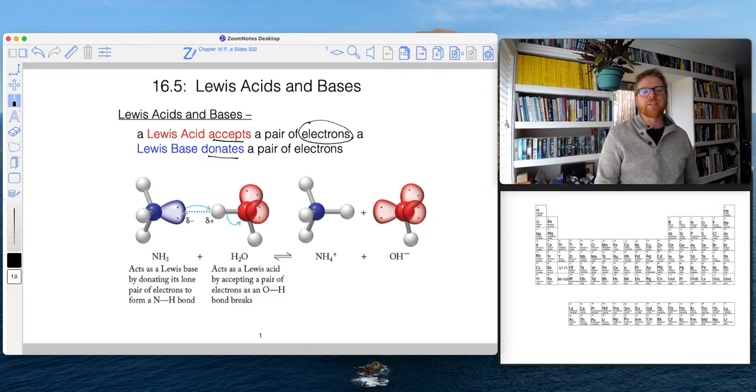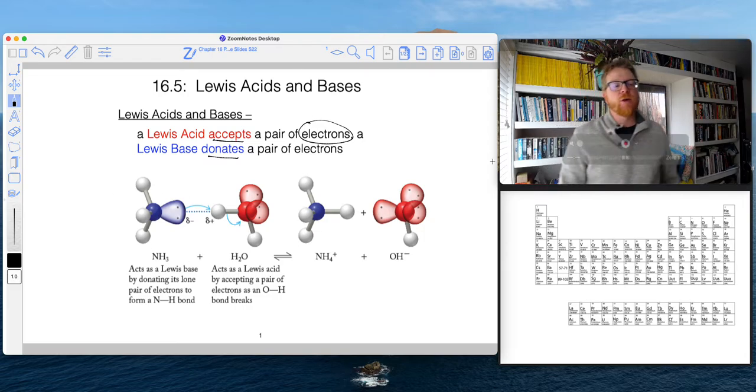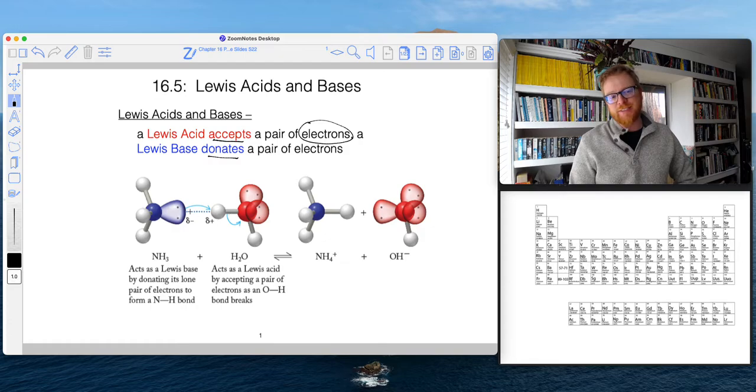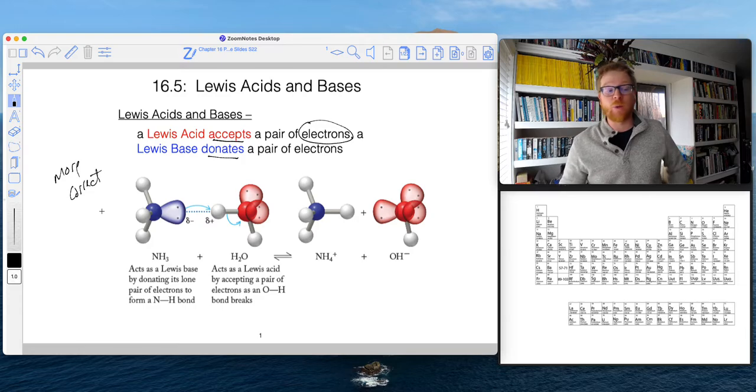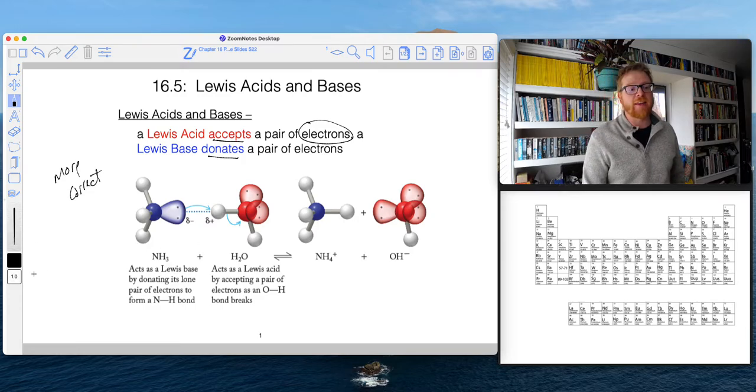Okay, so for example, if we look at our reaction here with ammonia, of course we've described this with the Bronsted model, right, where the base accepts a proton, but now you can see this looks a little bit like it's the opposite here. And in fact, this is a more correct model for what's actually going on in the chemistry.